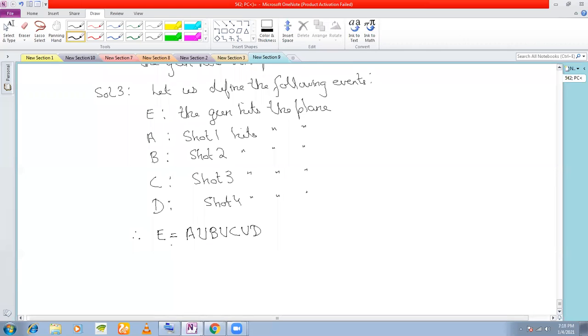That is either shot 1 hits or shot 2 hits or shot 3 hits or shot 4 hits. I'm not writing the full because I've already given you how to write this in your examples, if you remember. The event E can occur in what ways? Let us write.